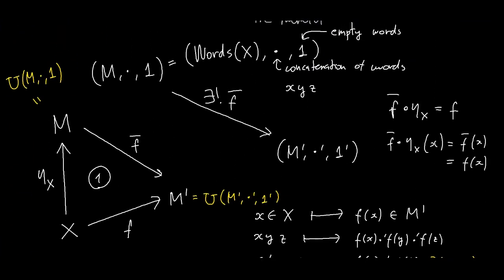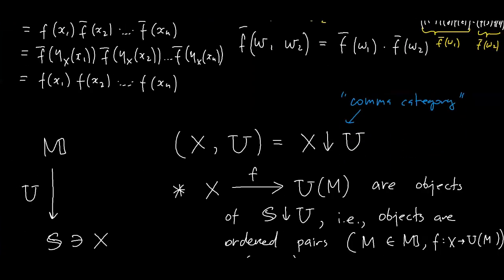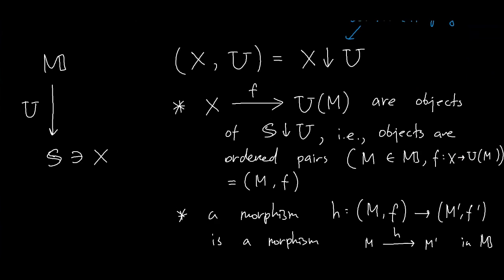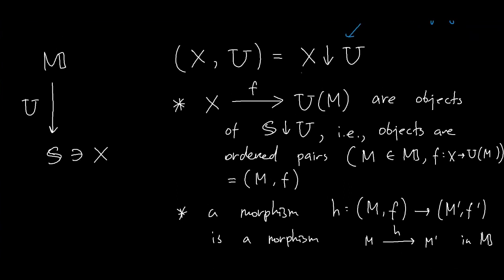So let me rewind here a little bit. Firstly, let's look at this comma category construction. Leon, first of all, is it clear what this thing I'm marking in blue is?